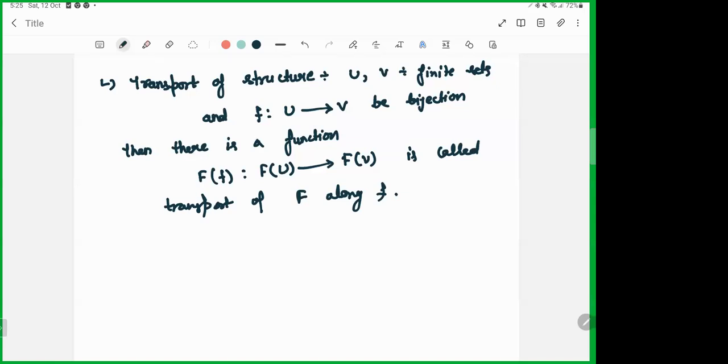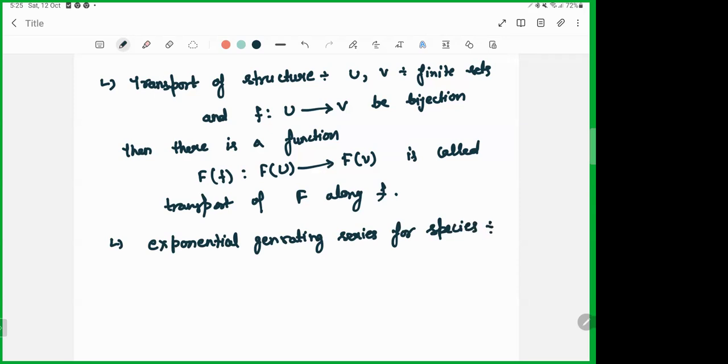Then what we did, we defined this thing, the exponential generating series, for species. For a species, what is this? Can you recall?